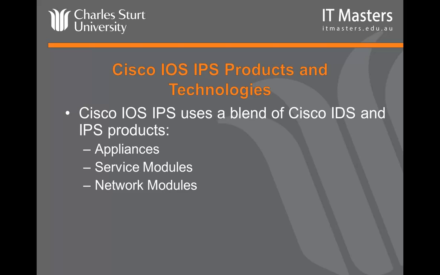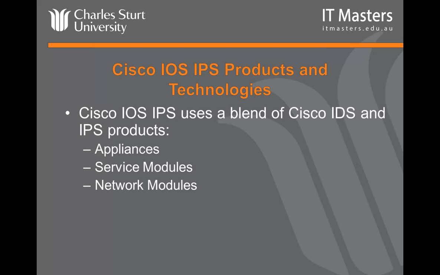So if you've got a small enough network that hasn't got a bucket load of traffic going through it, or you've only got a single internet connection or something fairly simple, then you can just use an iOS router with a little bit of firewalling and a little bit of IDS on it, a little bit of intrusion detection, and that's fine. It's all about the scalability. So a router is a router that you can have firewalling and IDS on.